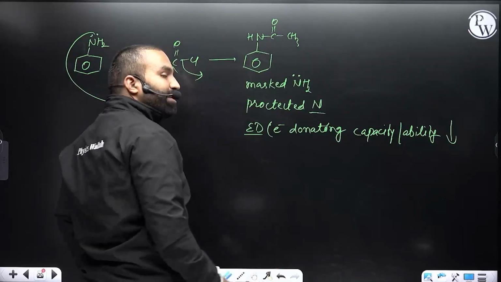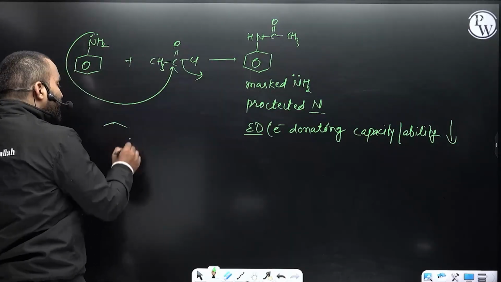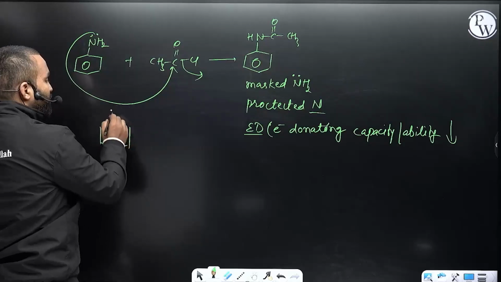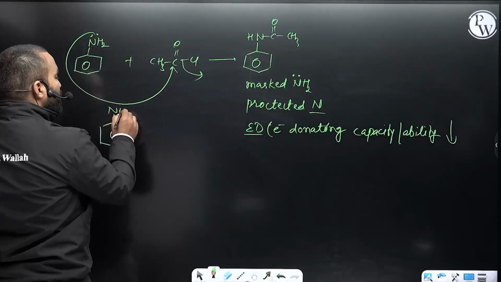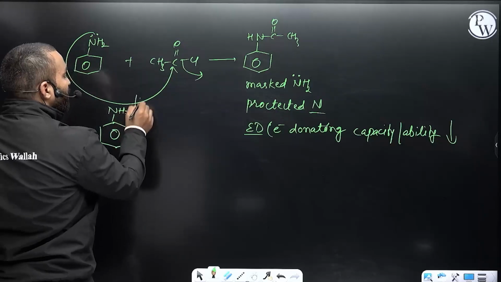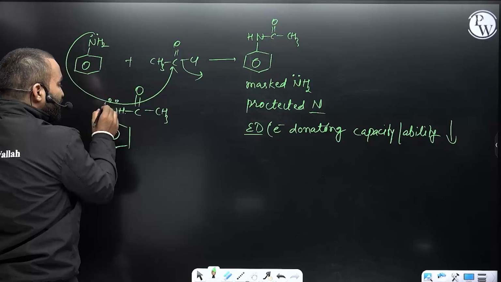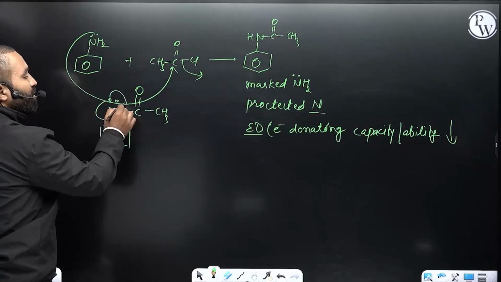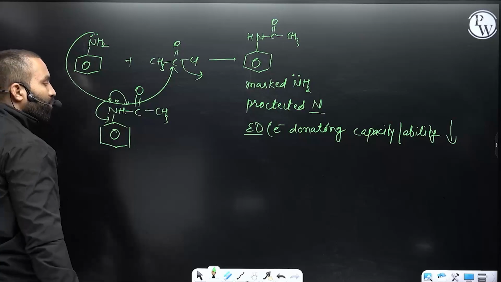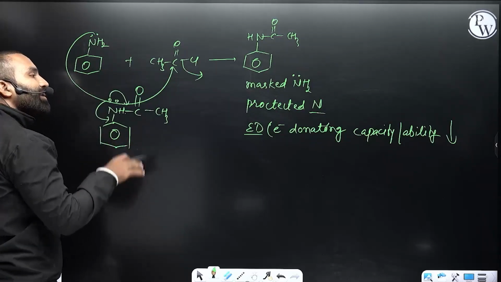Why do we actually want it to reduce? This nitrogen NH2 can activate the ring too much. So we mask it with C double bond O CH3 so that this pair of electrons is not just involved in conjugation with the benzene ring but also in cross conjugation with C double bond O. Therefore, it will get a 50-50 chance to come into the ring and it will activate the ring less.